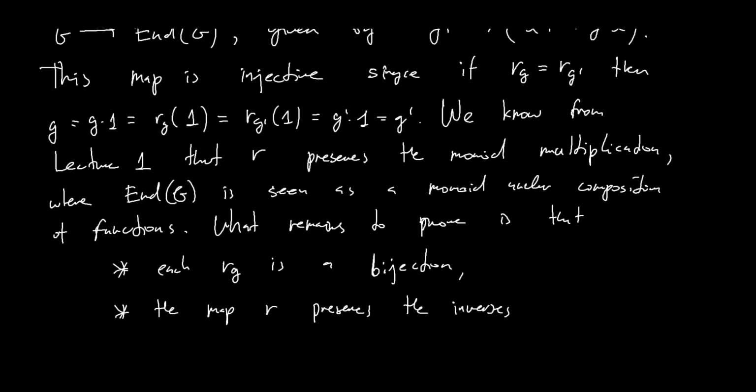So we know from lecture 1 that R preserves the monoid multiplication. Not only that, we know that it preserves the monoid identity element.